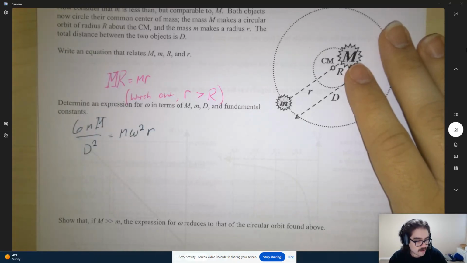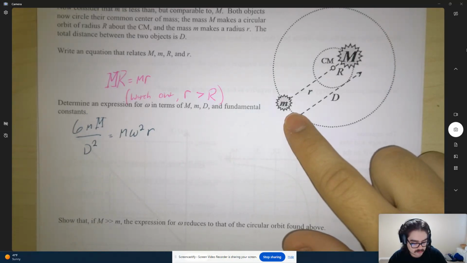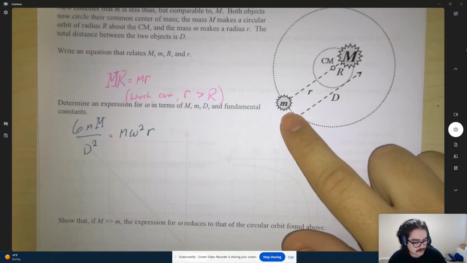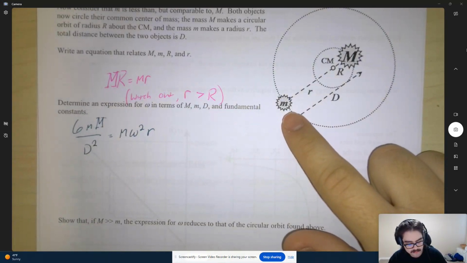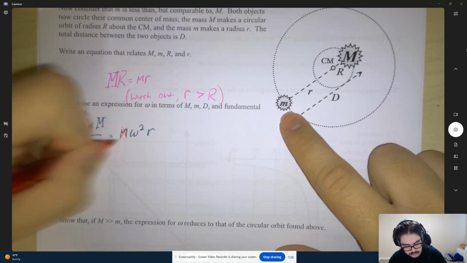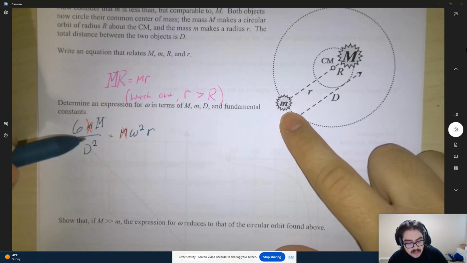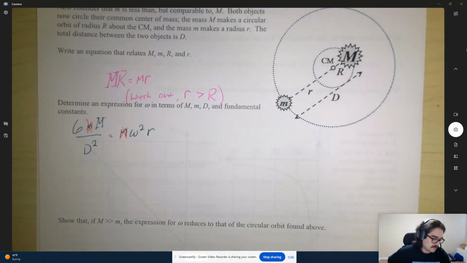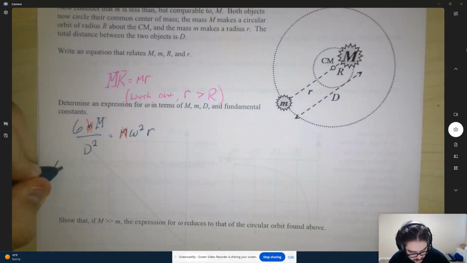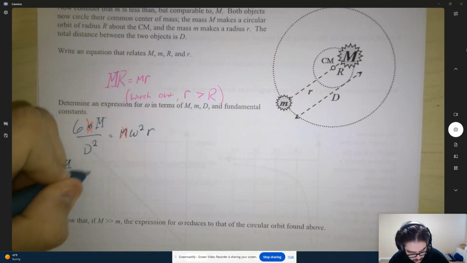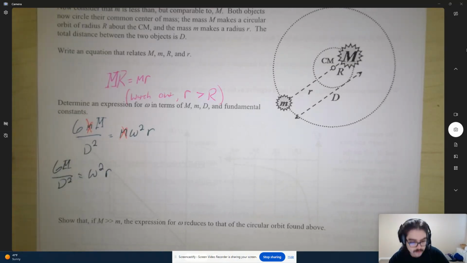I can cancel out my little m's, because I'm calculating omega here. I end up getting G big M over d squared equals omega squared times r.